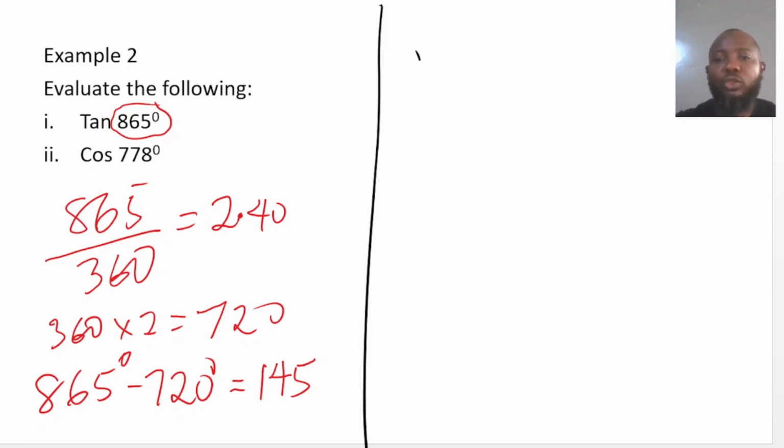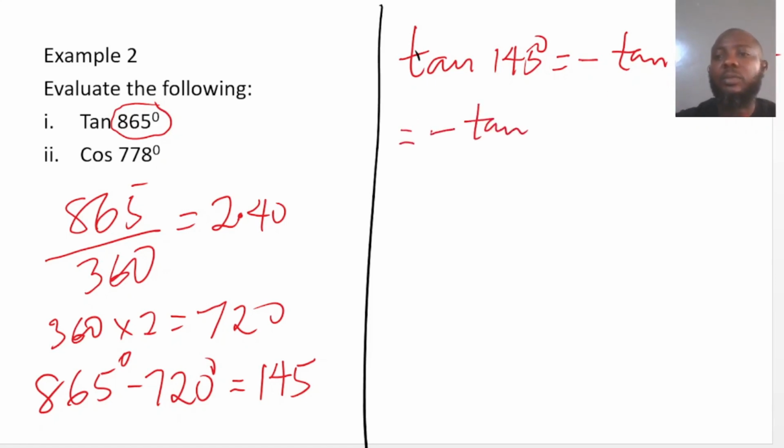So tan 145 degrees becomes minus tan of 180 minus 145, which is minus tan 35 degrees. So our answer will be negative. You now go and find tan 35.